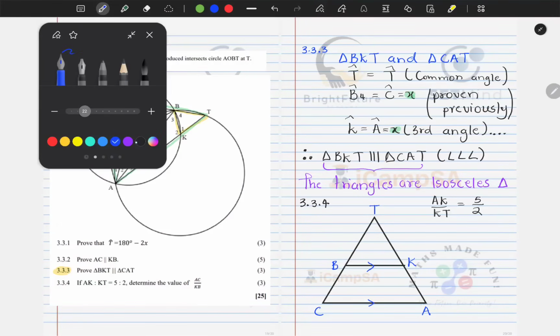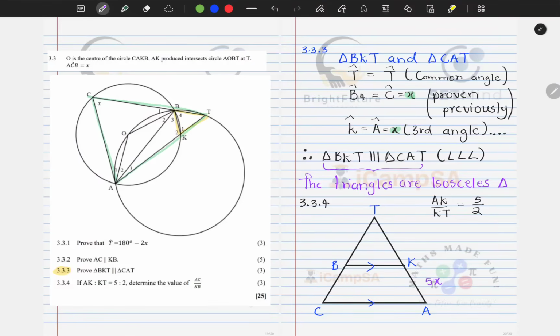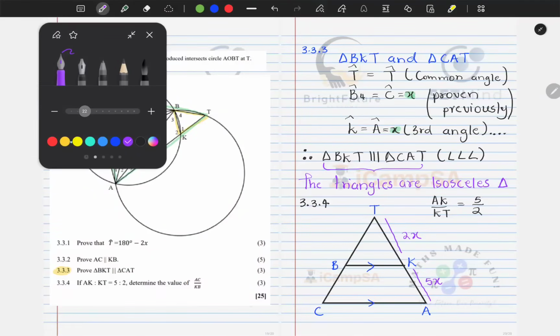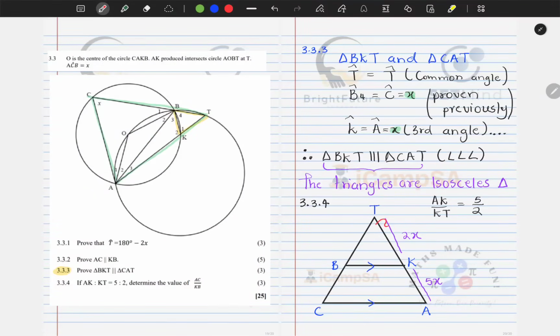What does this mean for us? Well, what it means is we are going to have 5x here, and then we are going to have 2x here. And remember, we have angles that are equal. So this is all proportional.